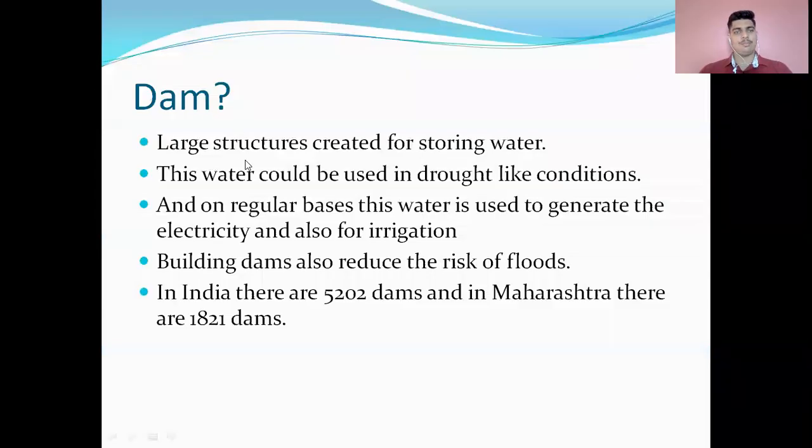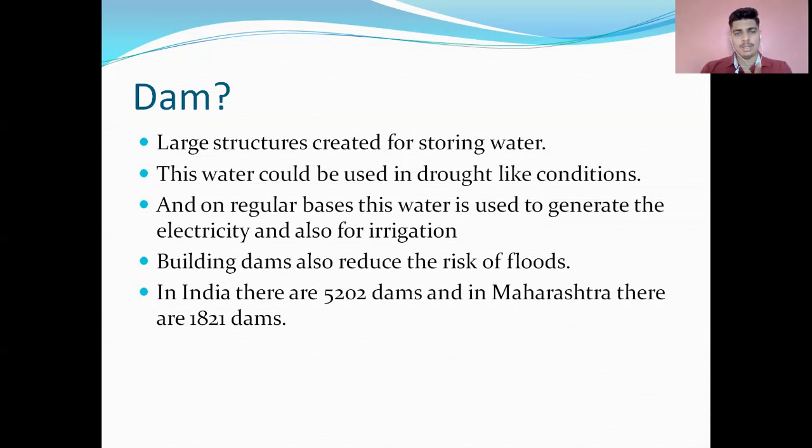So, dams are large structures created for storing water. These are usually known as dams. Then this water could be used in drought-like conditions, when low rainfall is noted or anything like that.